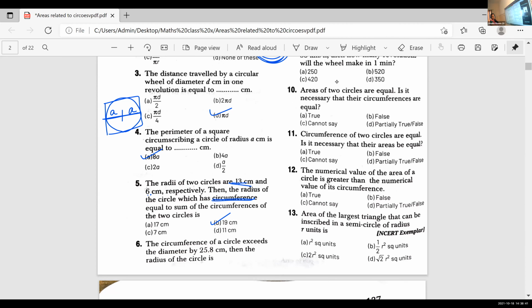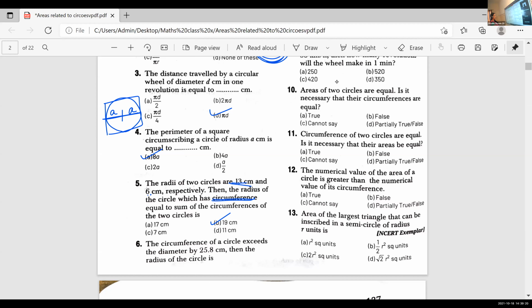What is the formula for the radius of the circle? How will you do this?